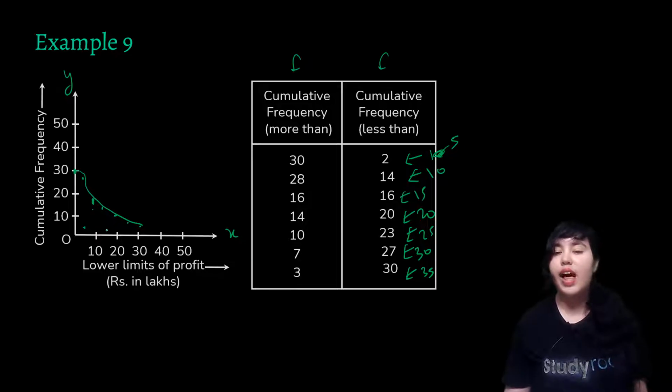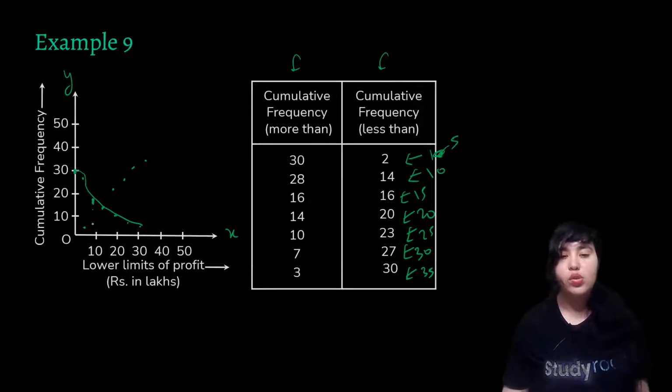Then for 15 we are having 16. Then for 20, it's 20 again. Then for 25 we are having 23. Then for 30 we are having 27, and for 35 we are having 30.